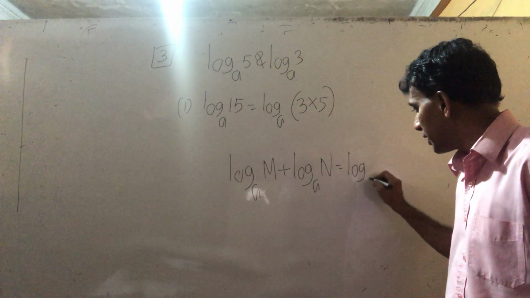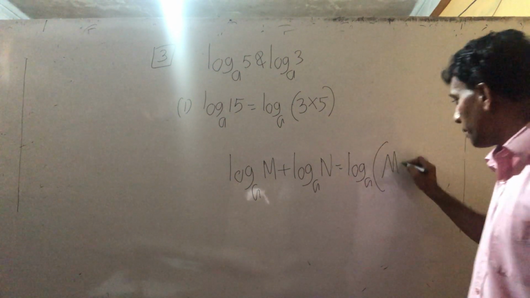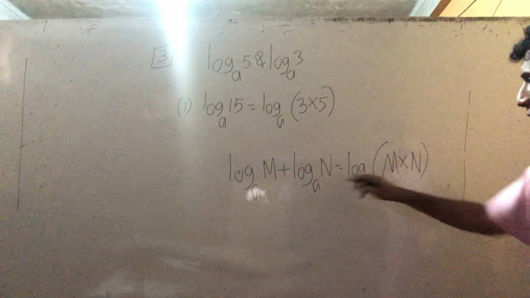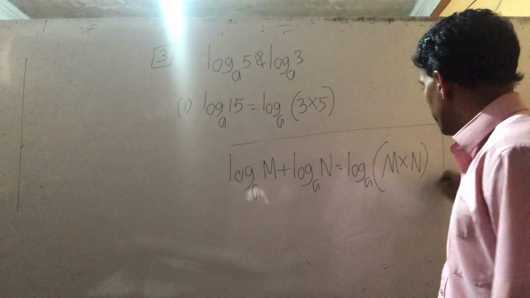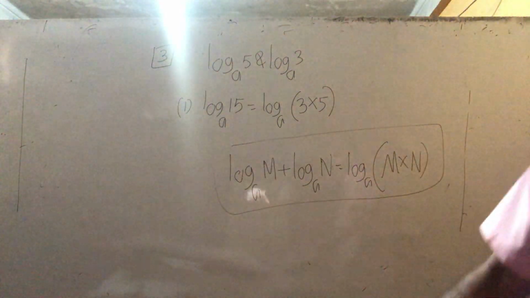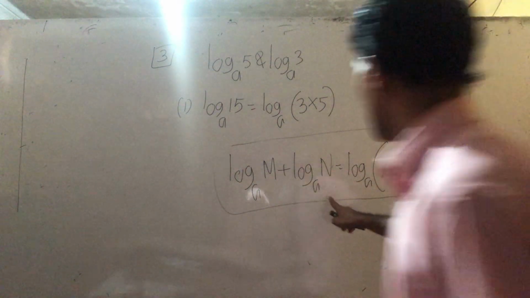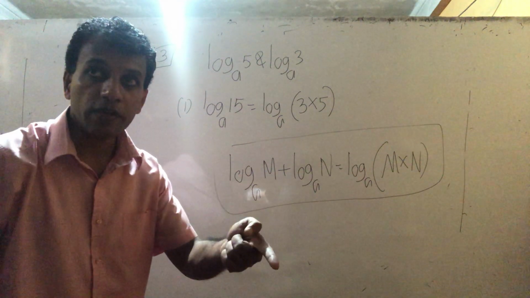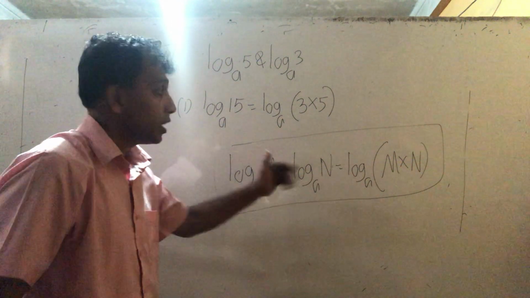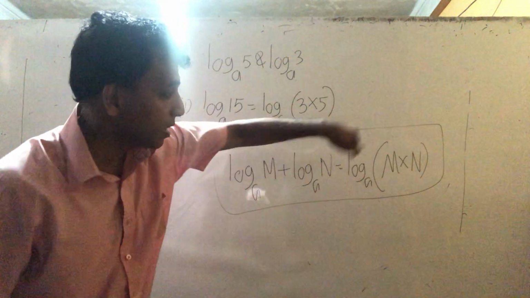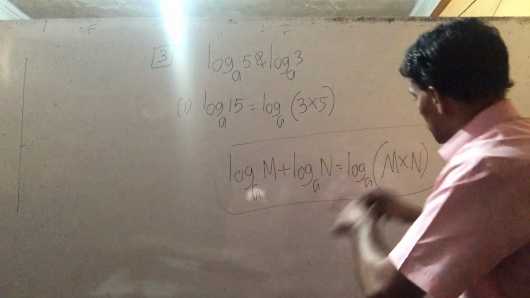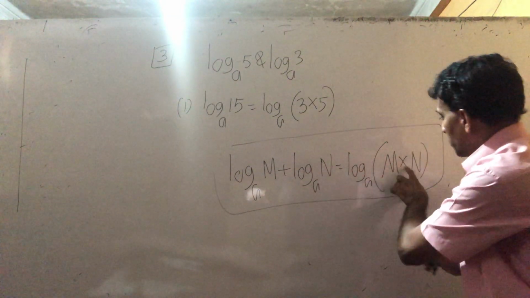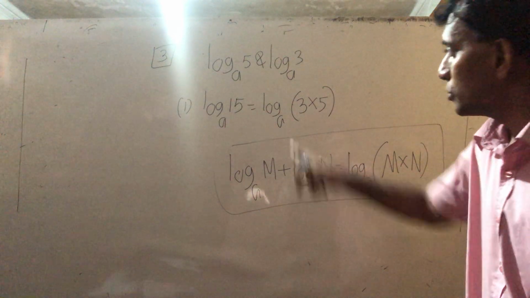Logarithm, take the a out, m multiplied by n. We learned rule number 1: bases are same, addition means multiply. We worked many questions previously from this side. Now this problem from that side. If it's multiply, put the addition. So what is the answer?